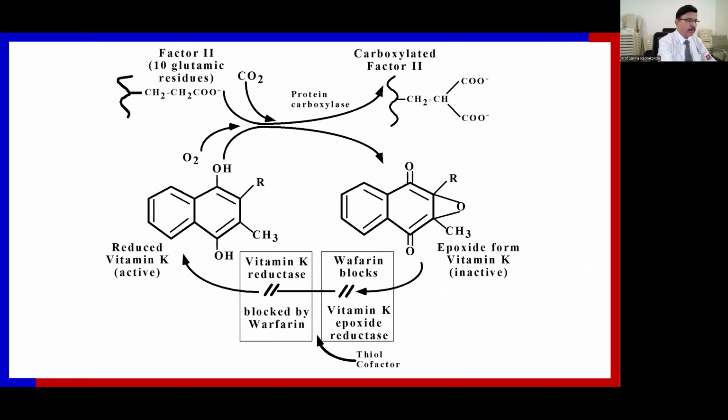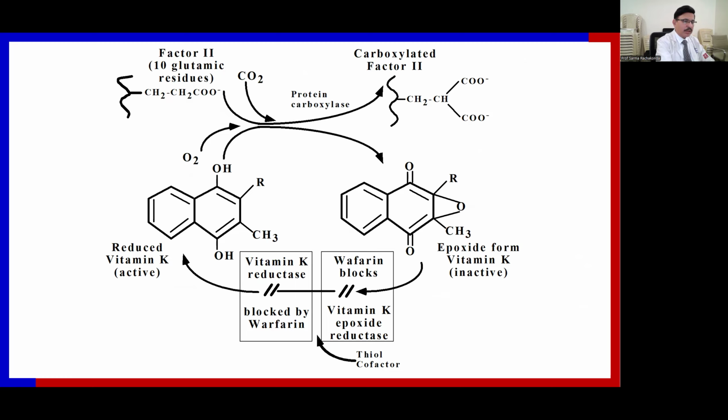Normally what is happening? When the normal vitamin K is facilitating 2 to become 2A, once that is done, whatever is left becomes oxidized. The oxidized one is called the epoxide of vitamin K, which is an inactive metabolite. This epoxide has to become active vitamin K again, or reduced vitamin K. In other words, active vitamin K is reduced vitamin K, oxidized vitamin K is epoxide, which is inactive.